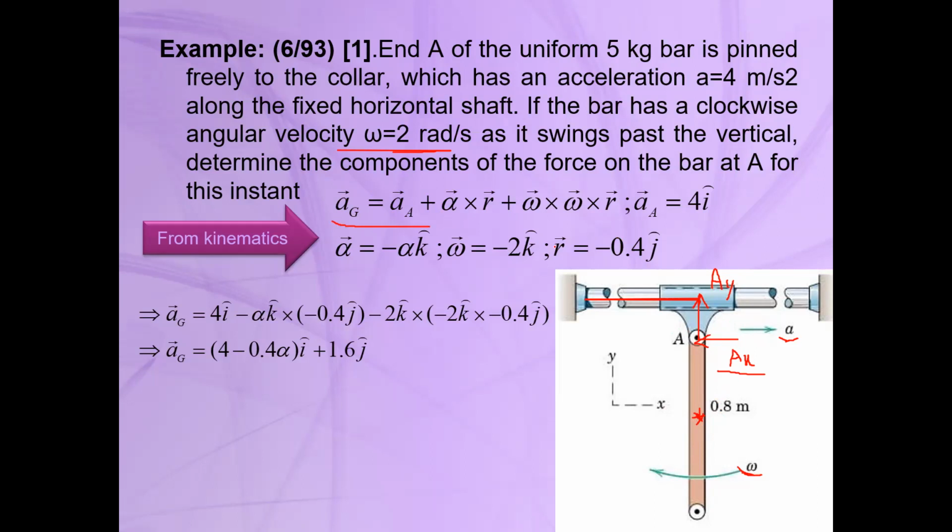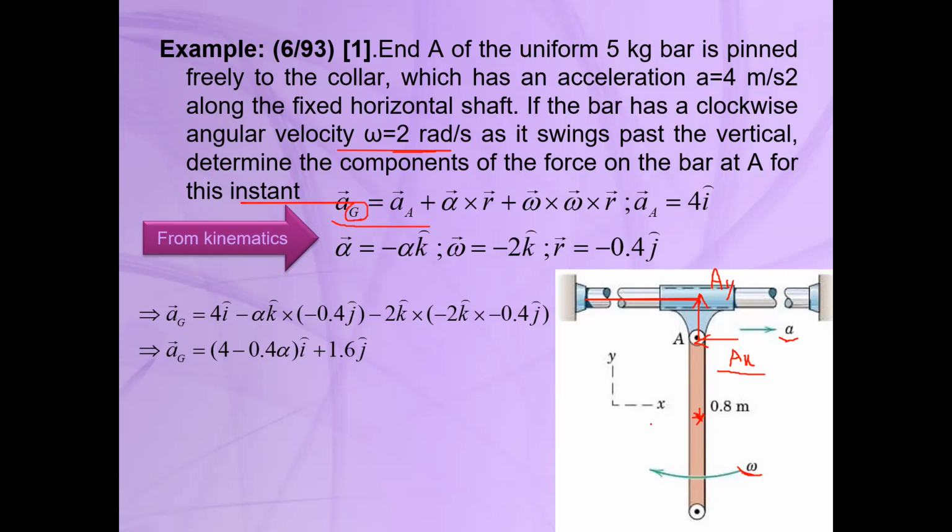And here we have a rotating coordinate system. So we can write the acceleration of the mass center point G. This G is the mass center of the bar.